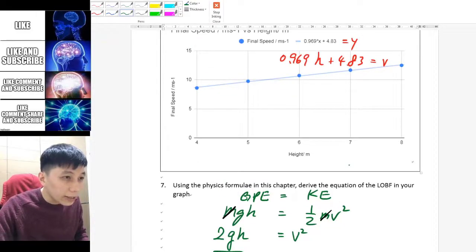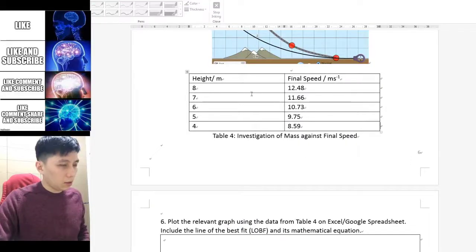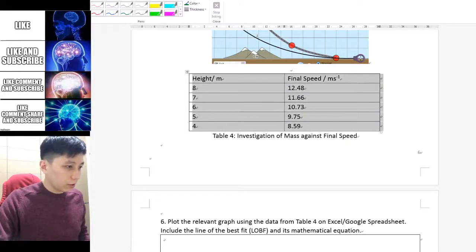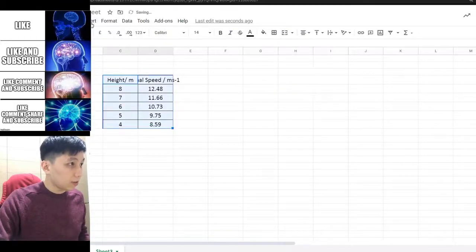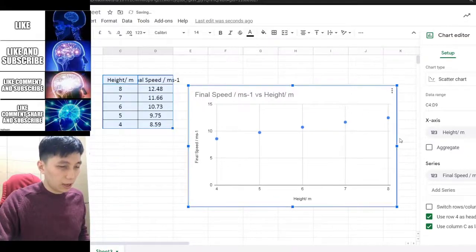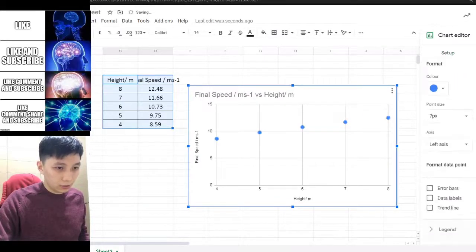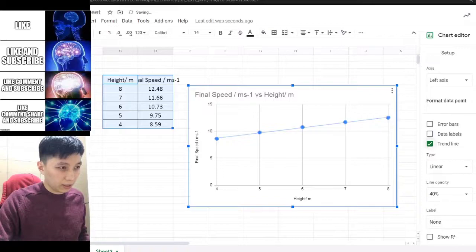And so similarly, you are going to copy these to plot the graph like how you did for investigation 1. And again, you can try to add the line of best fit.